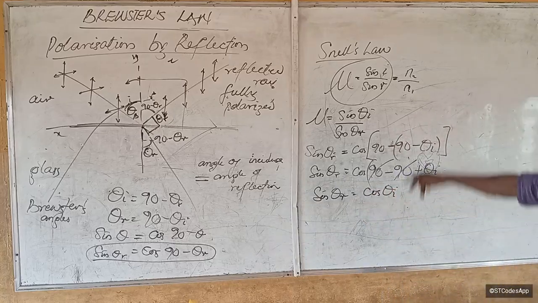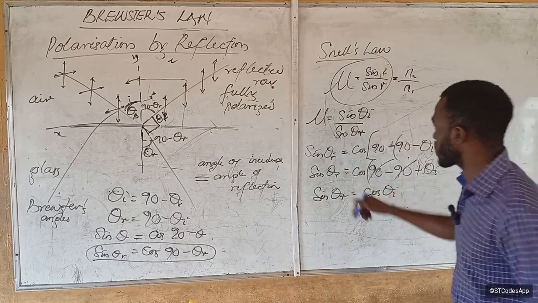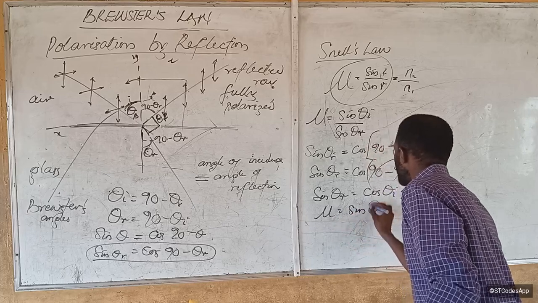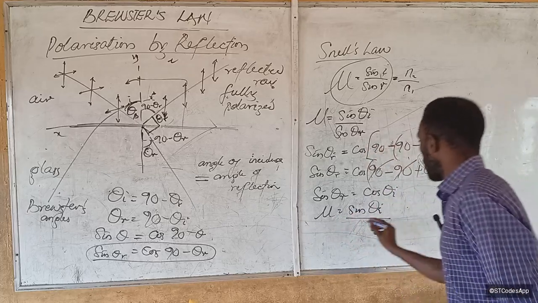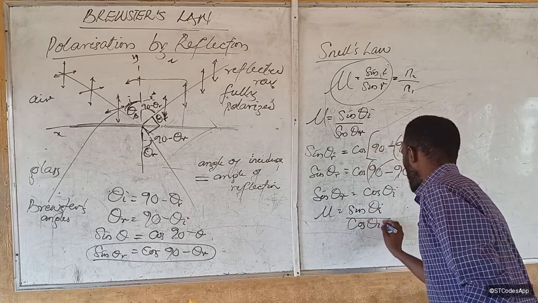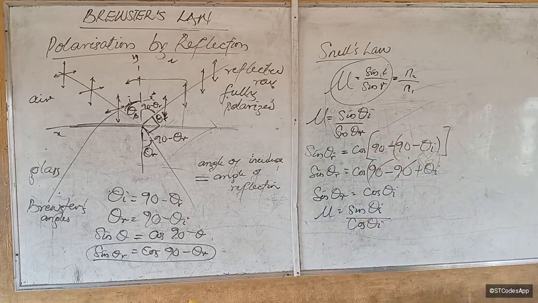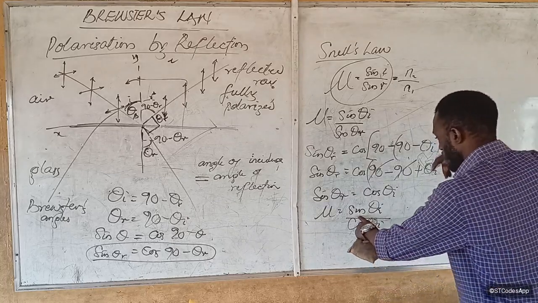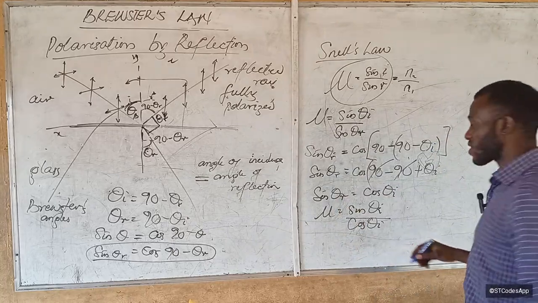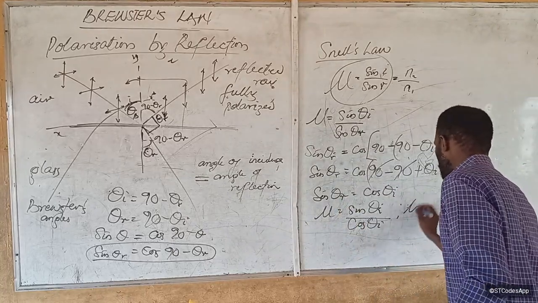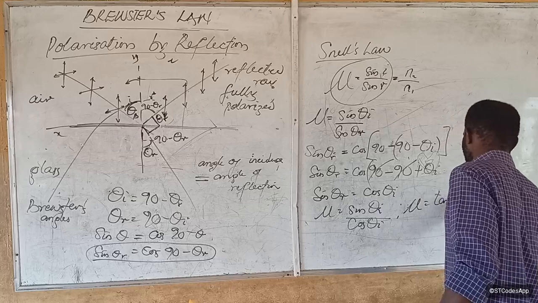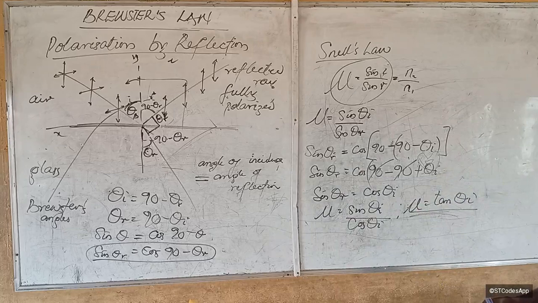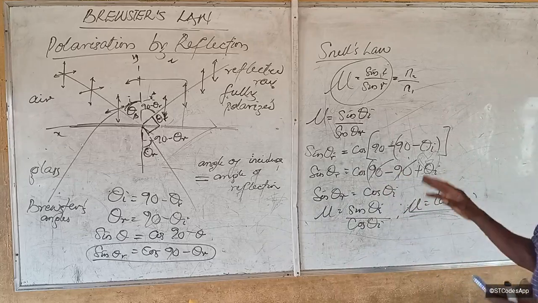Does this make sense? So I can bring that into this equation and say that mu will become sine theta I over cos theta I. Okay? So if this makes sense, then since we remember that sine over cos is tangent, it means that mu is equal to what? Tangent of theta I. So this is the Brewster's law. I'm going to explain again in detail so that you understand what I just said.